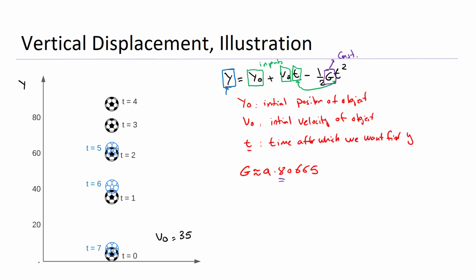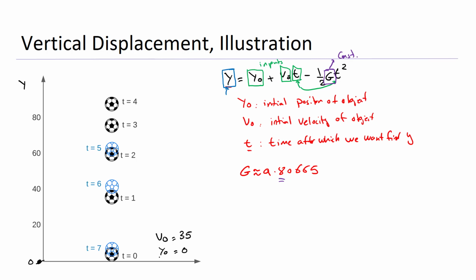And this point here represents height 0. So we start throwing this object at an initial velocity of 35, and also at an initial position of 0. So the initial position of the ball, y0, is in this case equal to 0.